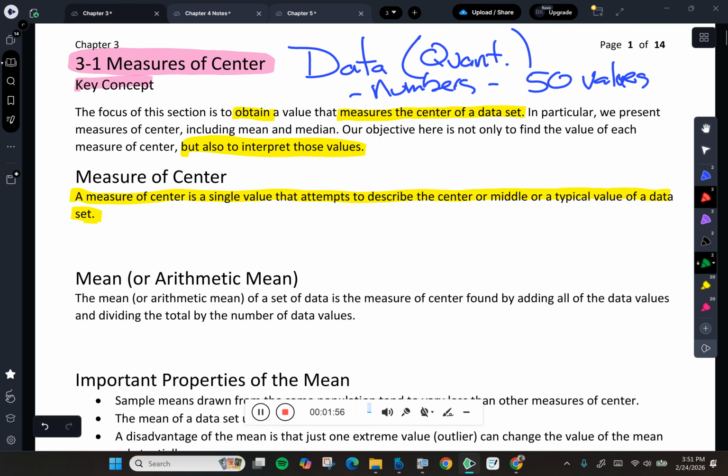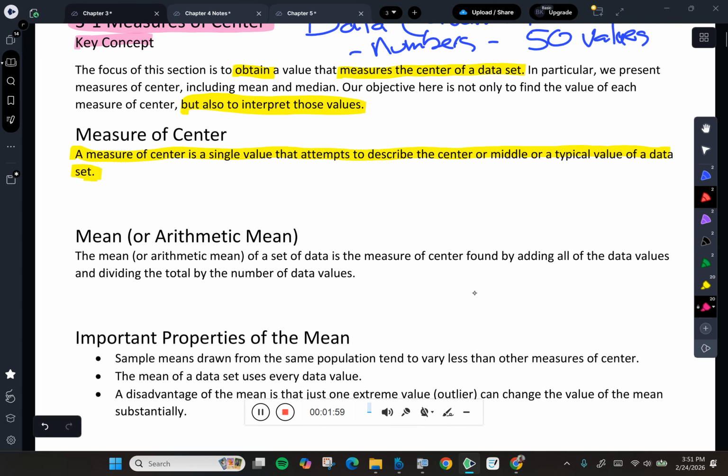Now, the first one of these we're going to look at is the mean, also referred to as the arithmetic mean, because there are two other ones that use the word mean. There's a harmonic mean, and there's also a geometric mean.